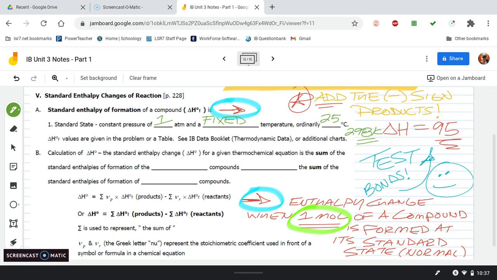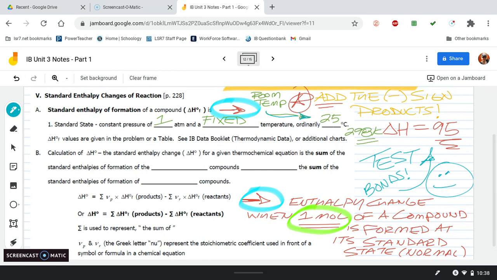So that's what it's telling you: what would a chemical be at a very normal pressure and a very normal temperature.